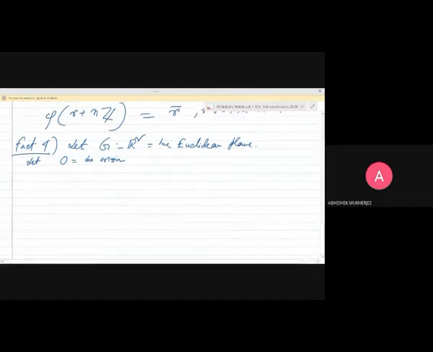Then you can designate any point of R2 with its coordinates.